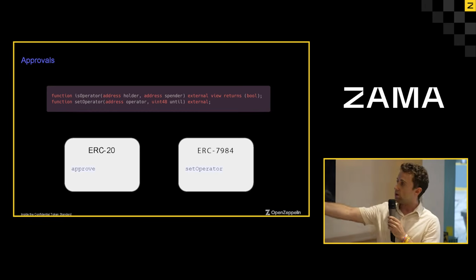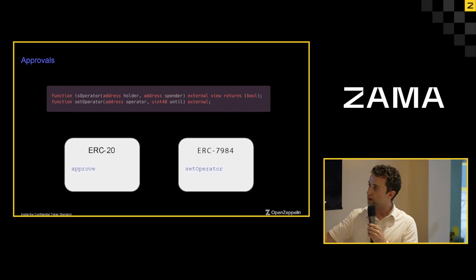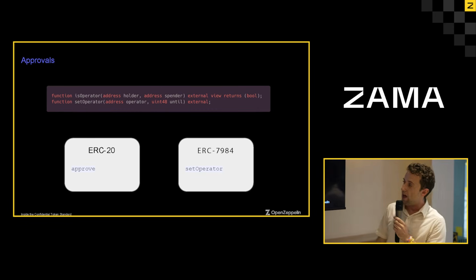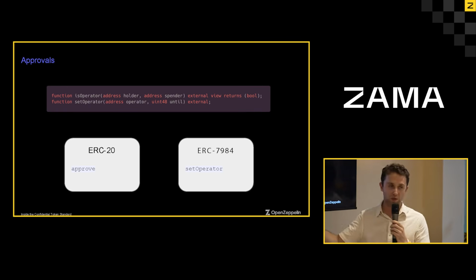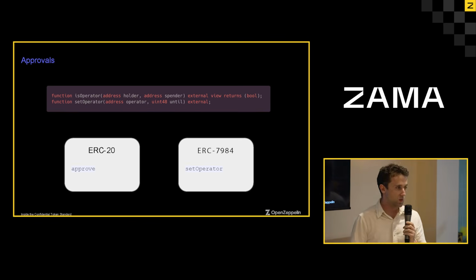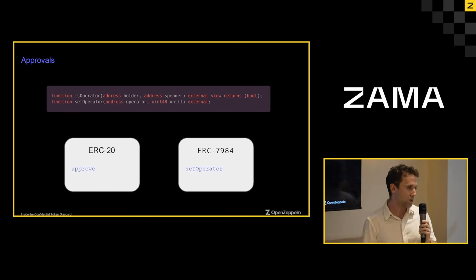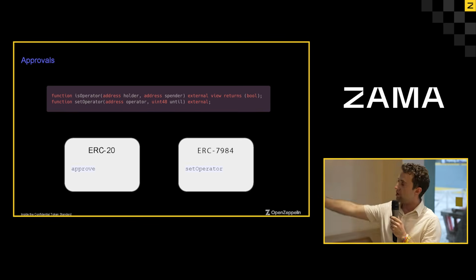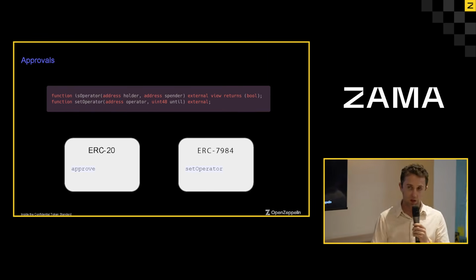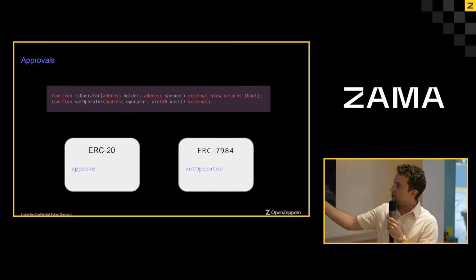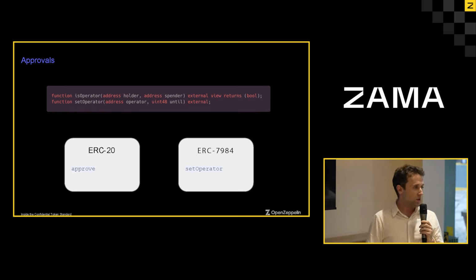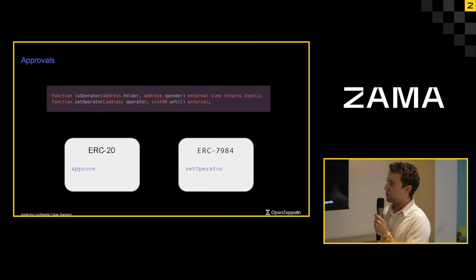So ERC 20, for example, the fungible token that we know and love and have been using for many, many years, has just approve. Approve is amount-based. ERC 1155 is a semi-fungible token, which is quite old as well. And this is just operator, basically, no amounts. 721 is kind of a mix of the two. This is a non-fungible token standard, which NFTs we used to use back in the day in 2020 and 2021.